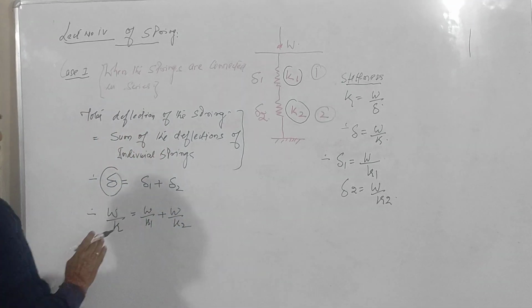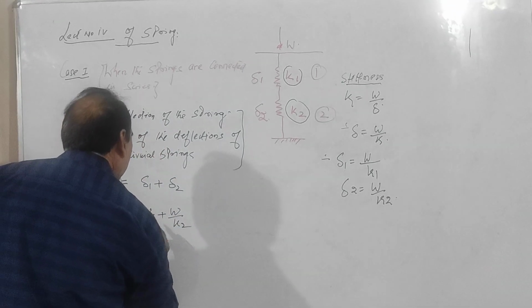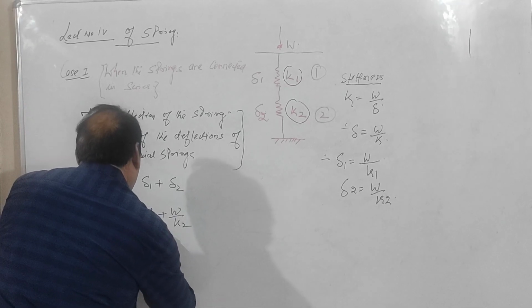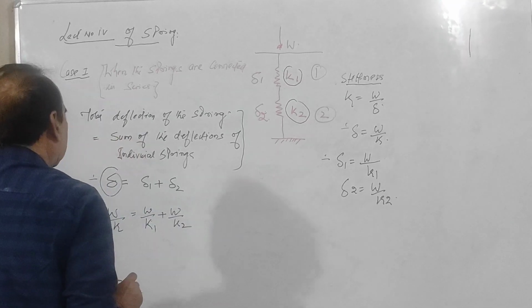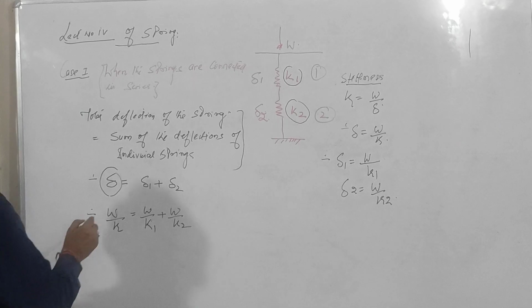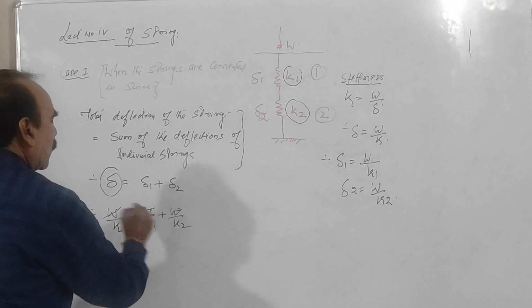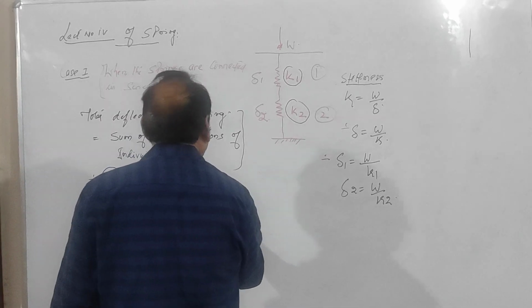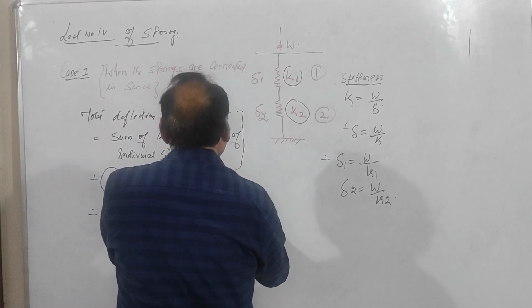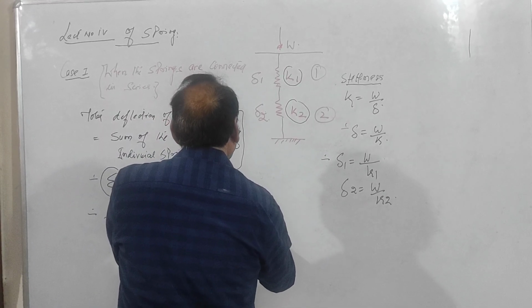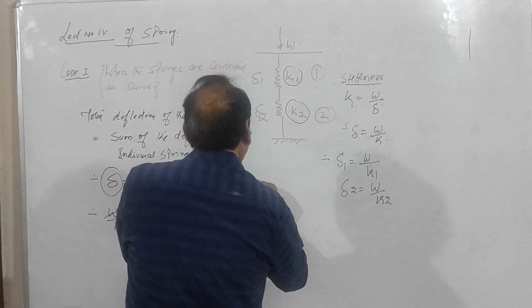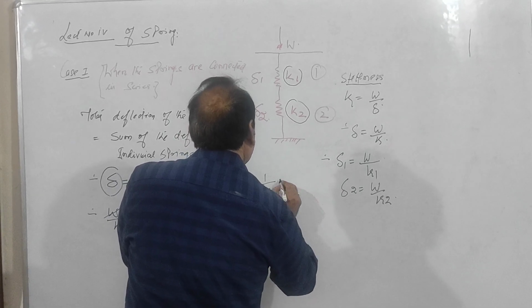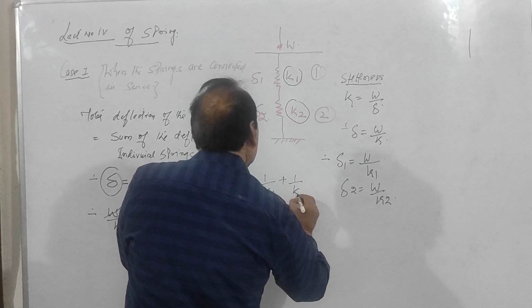W and W cancel. Therefore, when the springs are connected in series, 1 upon K is equal to 1 upon K1 plus 1 upon K2.